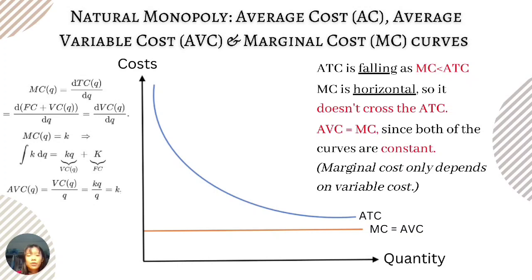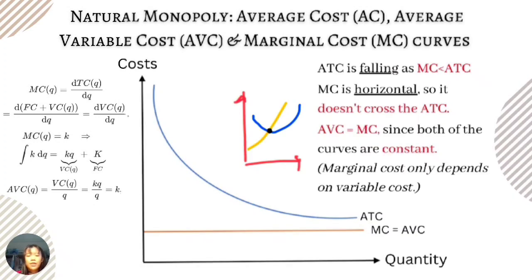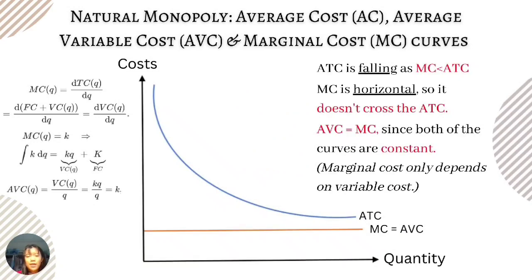Meanwhile, the marginal cost is constant or horizontal, so it doesn't cross the ATC, as we know that when the MC curve is rising, it will eventually cross the ATC, which causes the ATC to rise.